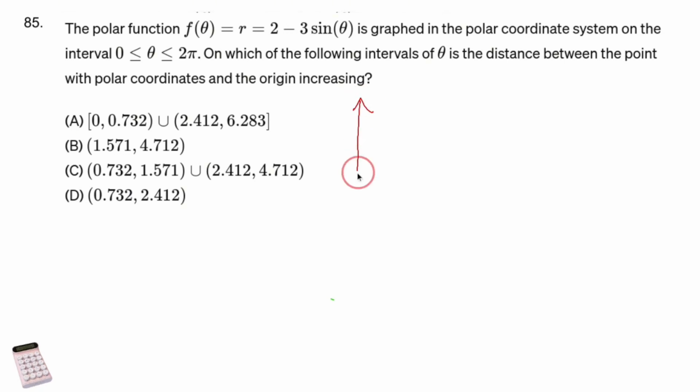If you were given a polar graph, and you start graphing the polar graph, and you start way out here, and as you move counterclockwise it moves its way in, your distance is decreasing.